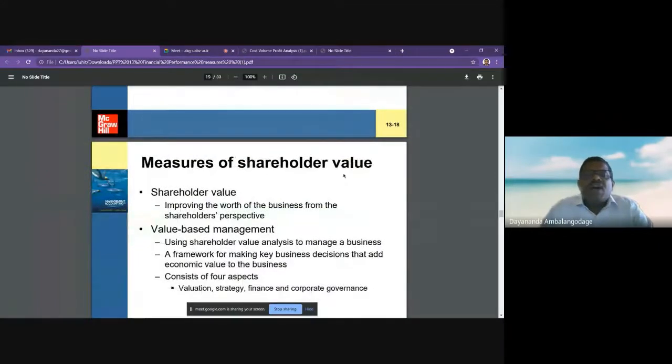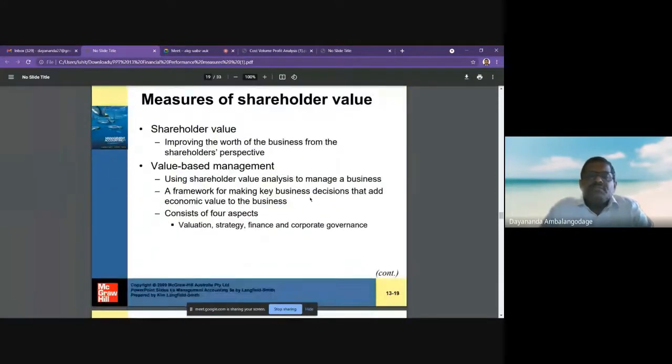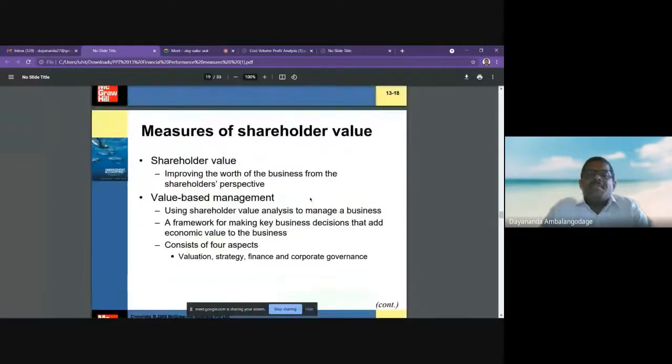Okay, measure of shareholder value. The other concept is how to measure shareholder value, because when you manage a business organization, your target is to increase shareholder value, improving the worth of the business from the shareholder's perspective. You are not looking from the branch manager perspective, not from the branch perspective.